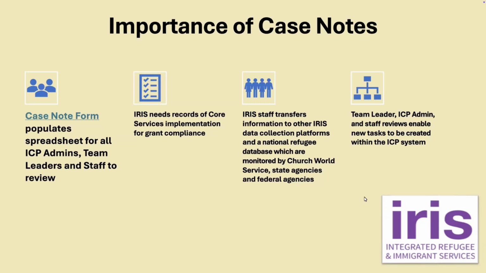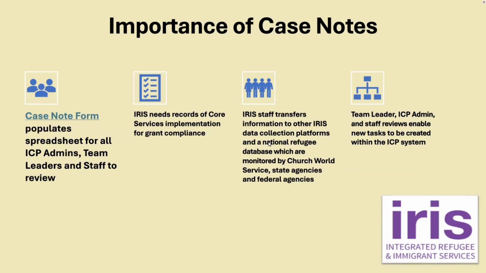Now, Iris also transfers that information to different locations. So that spreadsheet that the forms are populating, that information will be moved over to a national refugee database that is monitored both by the federal government as well as Church World Service, which is the National Refugee Resettlement Agency that Iris is affiliated with.